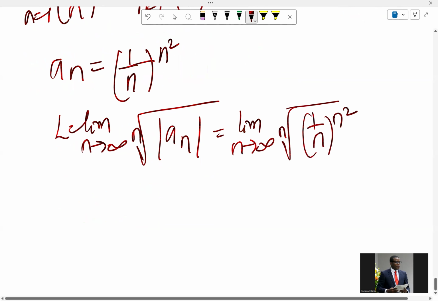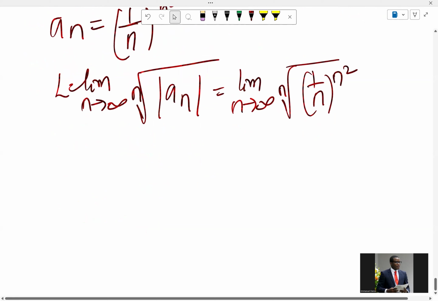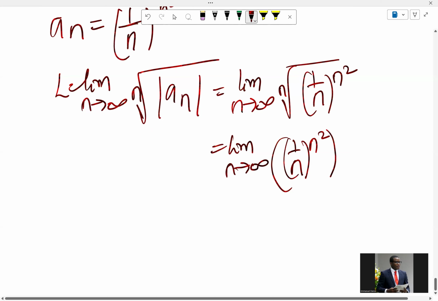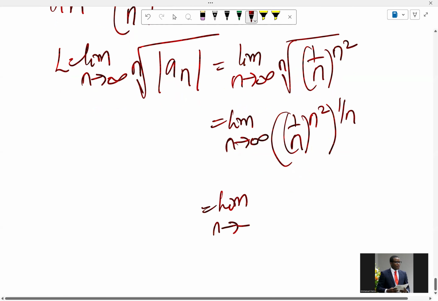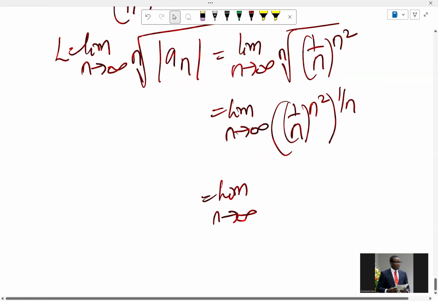So we have the limit as n approaches infinity of 1 over n raised to the power n squared, all raised to the power 1 over n again. That's like 1 over n raised to the power n squared over n, which is all raised to the power n, because this cancels one of these.